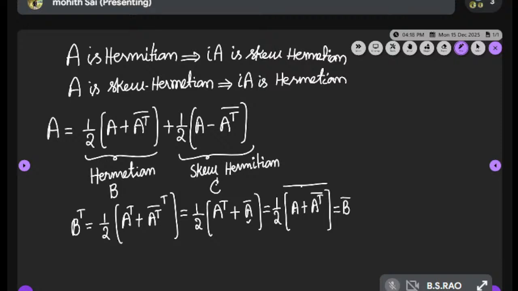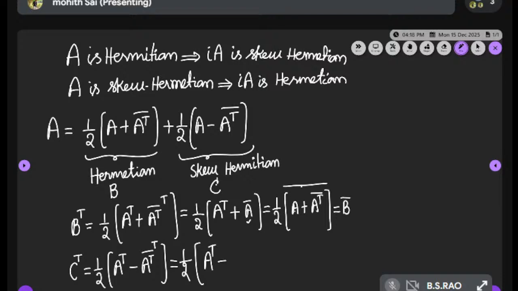Next, what about C transpose? C transpose equals half into A transpose minus A transpose conjugate transpose. The transposes get cancelled, so you get only A conjugate.